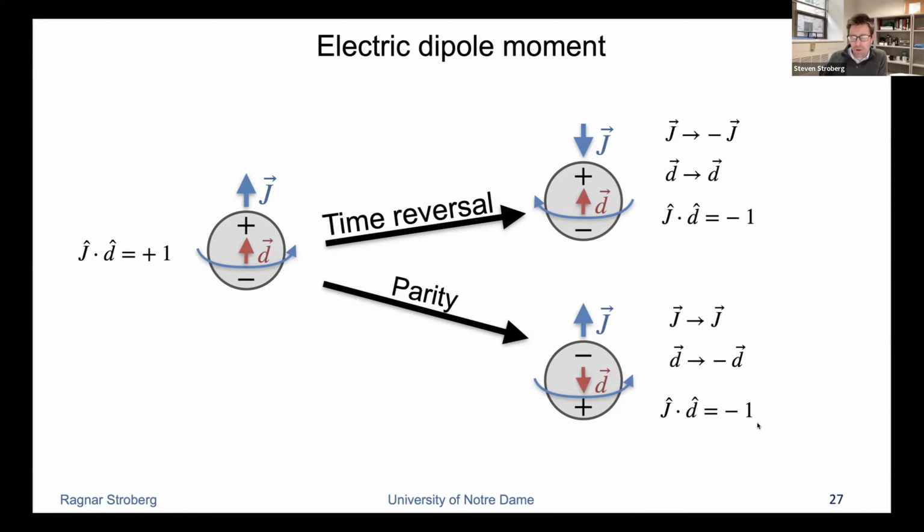So again, that dot product gets a minus sign. So if we were able to observe something that has some spin and a permanent dipole moment, that tells us that nature is not symmetric with respect to time reversal or parity individually. And then in turn, that tells us that CP would be violated too.